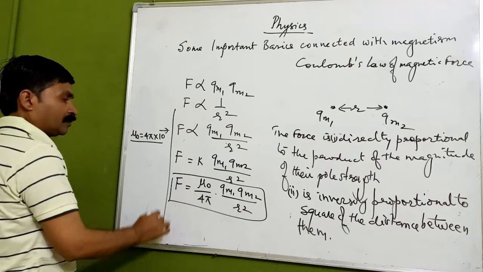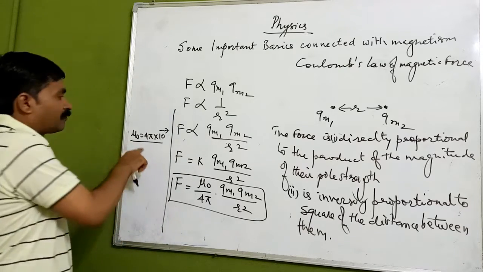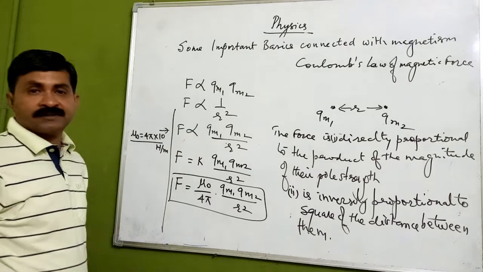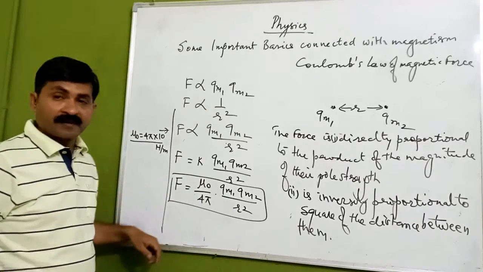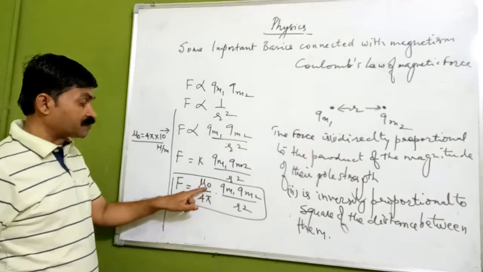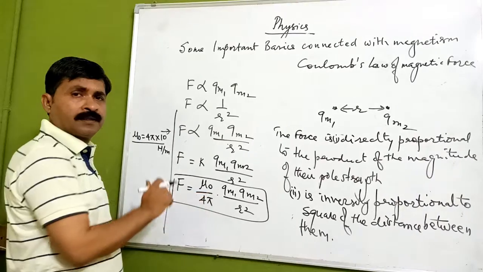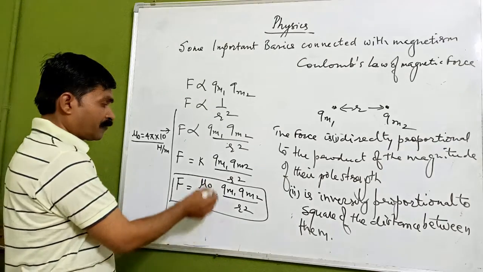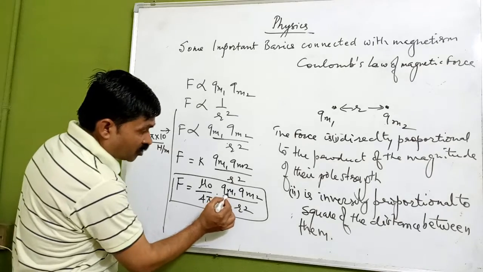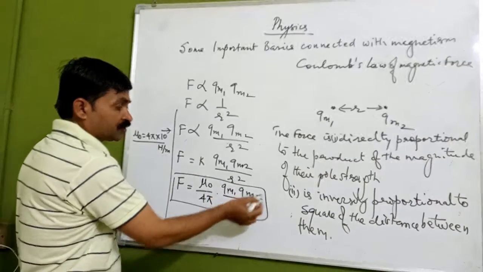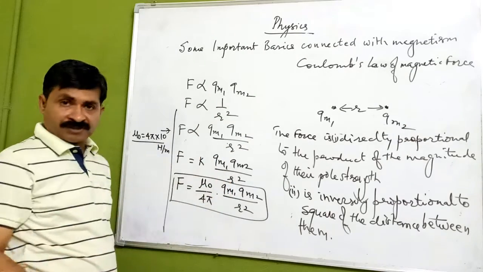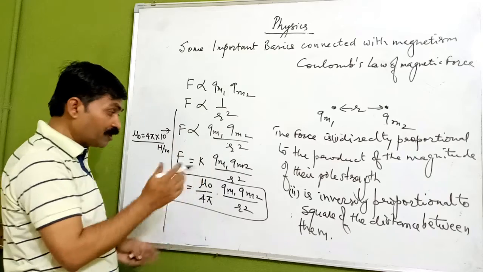This is the value of mu naught, and we can substitute it here. Now suppose Qm1 equals Qm2, equal to a unit value, meaning both poles have unit pole strength.